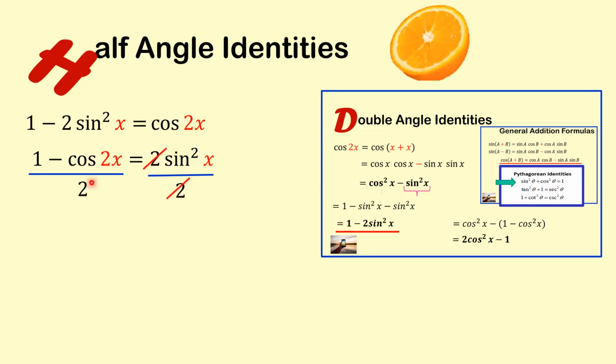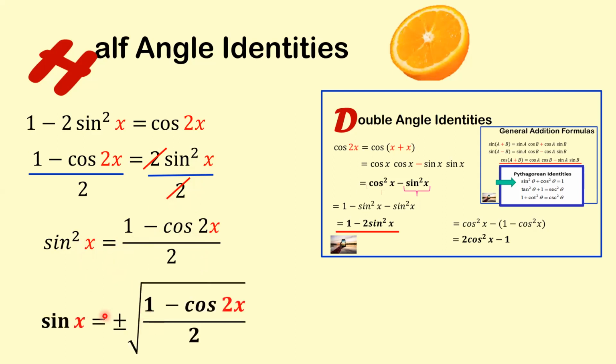Tapos, ito, take note, hindi ito ika-cancel, bawal po yun kasi ang kina-cancel lang natin ay factors. So, ito yung isang factor natin, isang buong factor. Okay? So, ano ba lalabas? Sine squared x is 1 minus cosine 2x all over 2. Pero ang gusto natin yung sine x lang, so we get the square root of both sides. So, sine x is positive or negative square root of the quotient 1 minus cosine 2x all over 2.